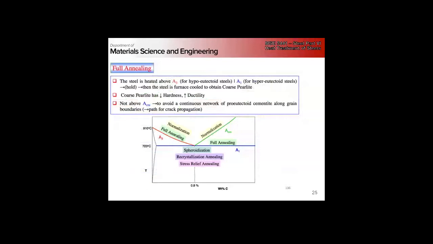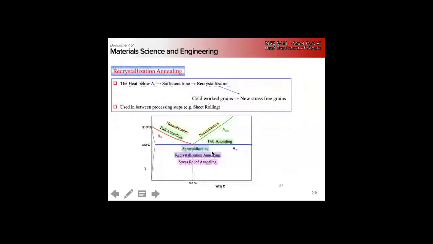This is a long time. If we're hypereutectoid, we want to make sure we don't go above this line here, because then we get proeutectoid cementite that forms along the grain boundaries, and that gives us crack propagation, right?